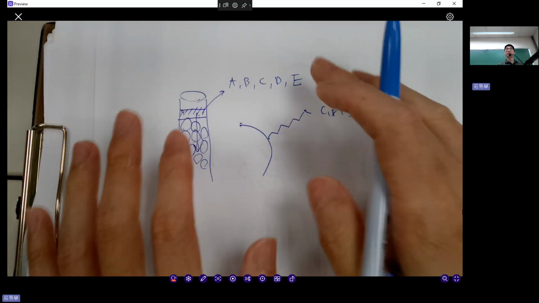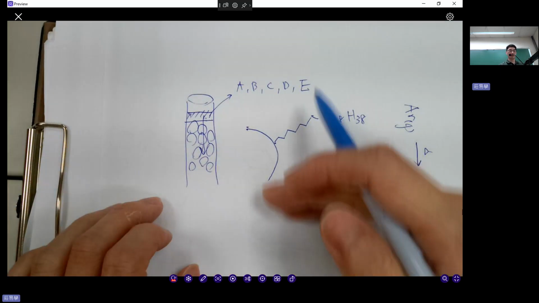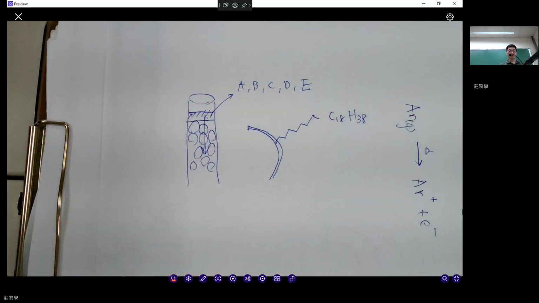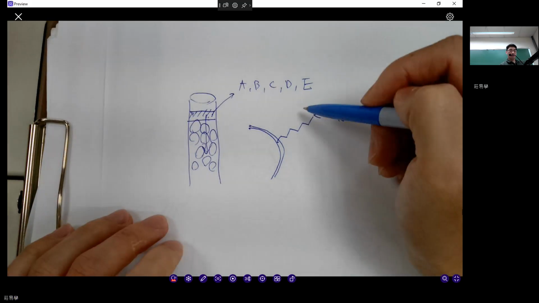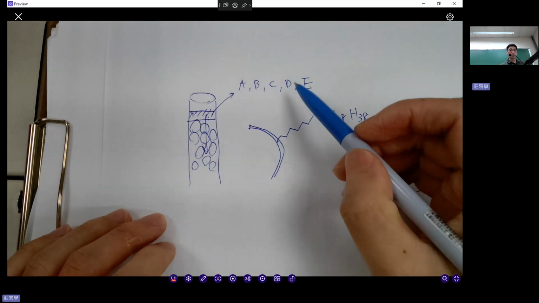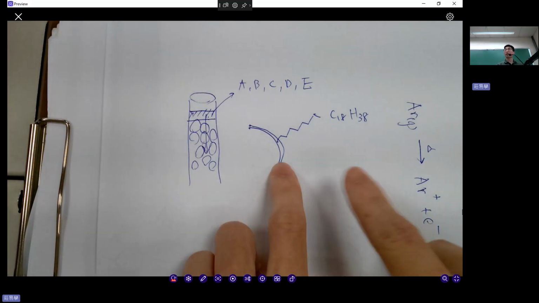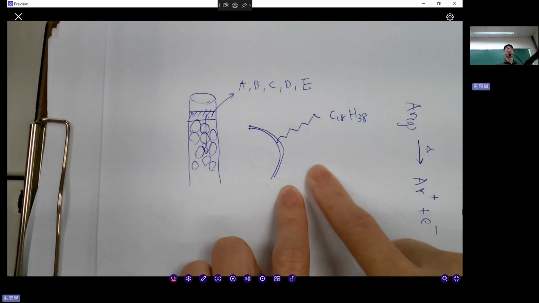So when the compound is flowing through the solid bits, the compound is going to interact with the functional group. Somehow compounds with a higher hydrophobicity would be dragged down by this sort of interaction.